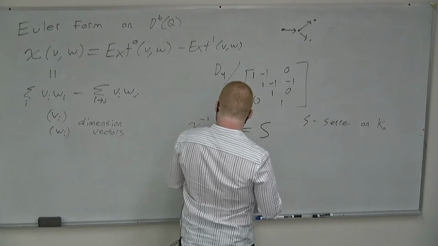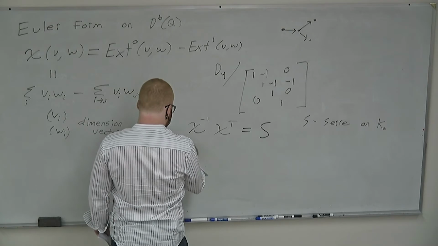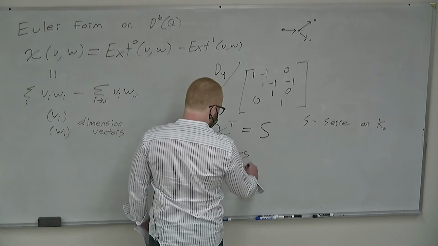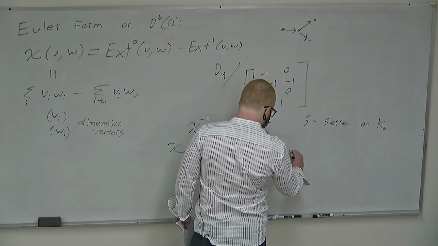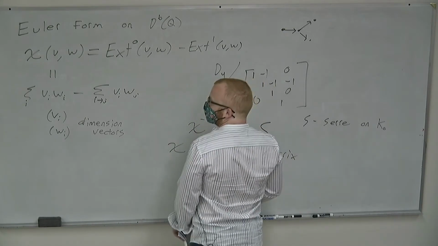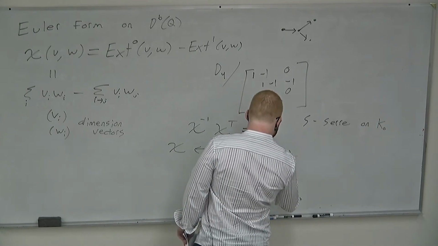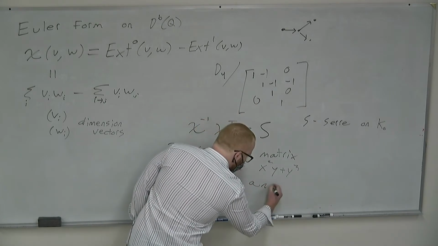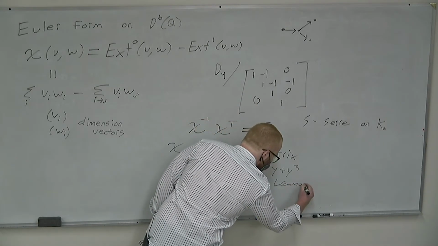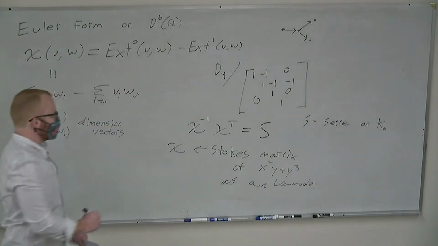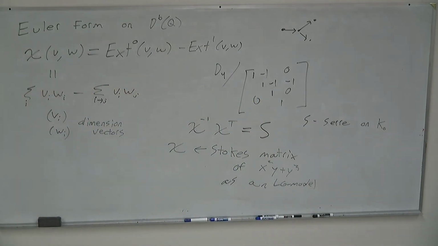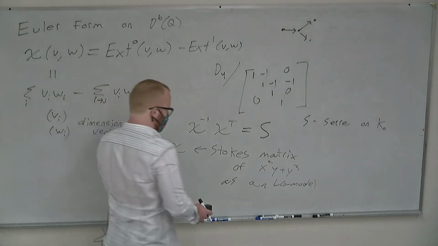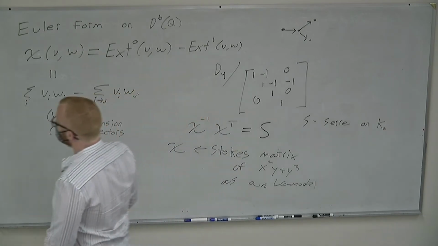So chi can also be considered as the Stokes matrix of x squared y plus y cubed as an LG model. Maybe at the end of the talk today I'll explain what I mean by that and define the Stokes matrix, but you can take this as given for now.